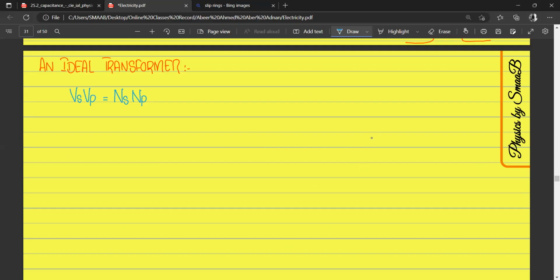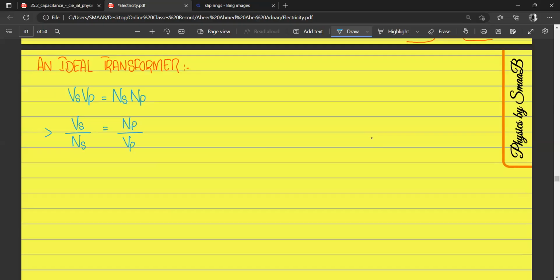Or you can also write this formula as the voltage of the secondary coil divided by the number of turns in the secondary coil, and the number of turns in the primary coil divided by the voltage in the primary coil, right? Or otherwise you can write it another way. It's your choice how you write this formula. It's up to you, right?